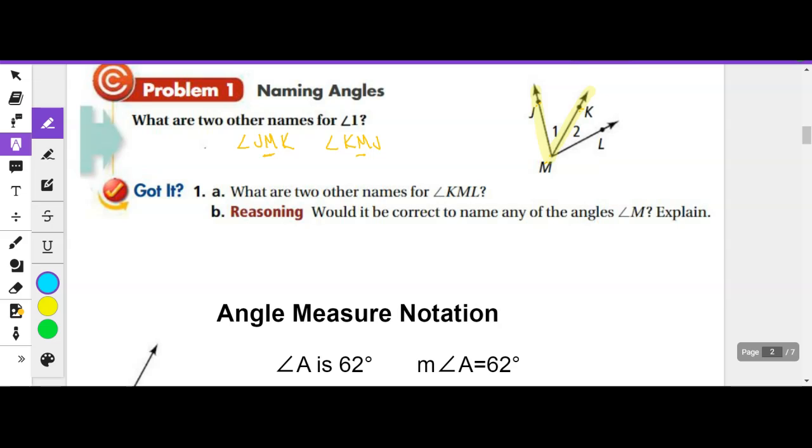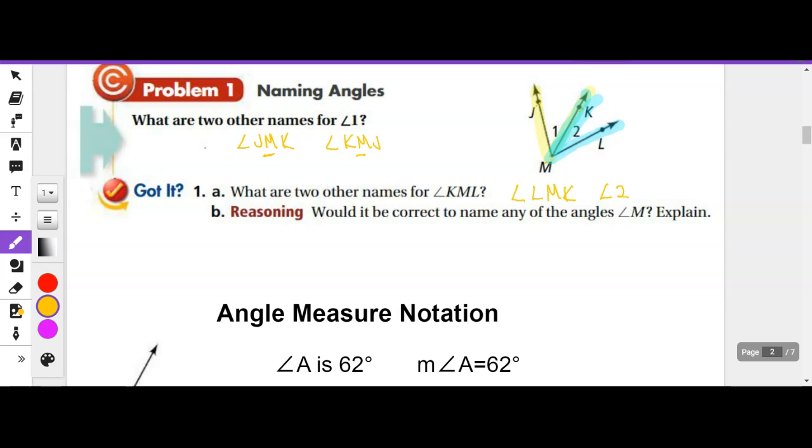Now let's see if we can come up with some other names for angle KML, which is right here. We can call it KML, which it already did, or we could also name it angle LMK, or another name for it would be angle 2.